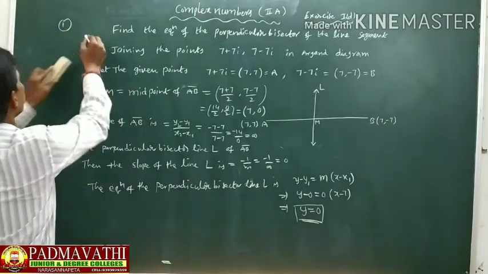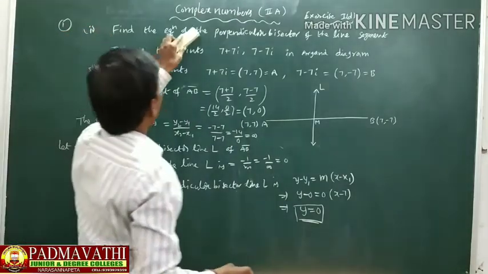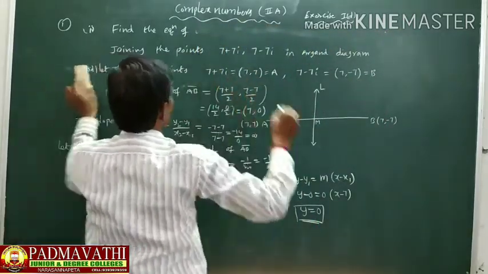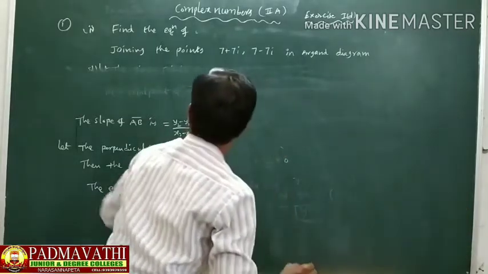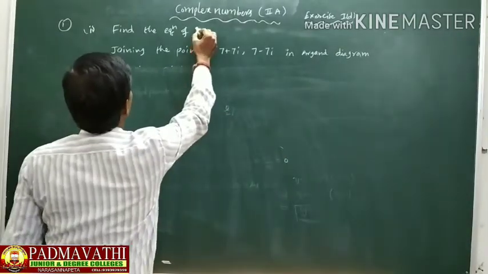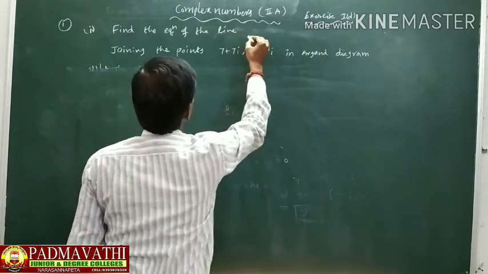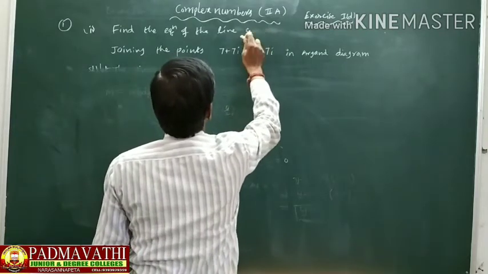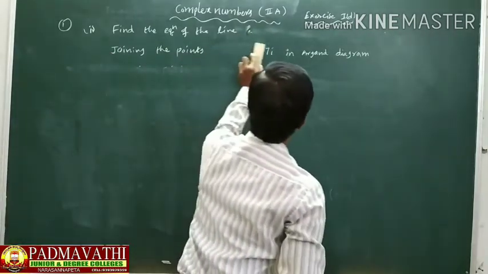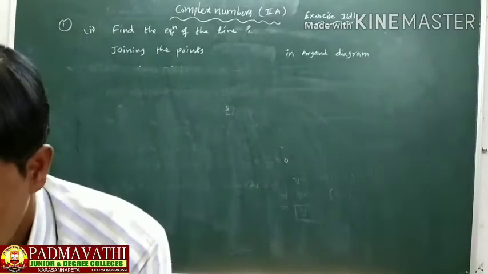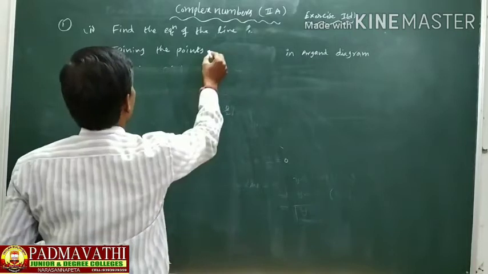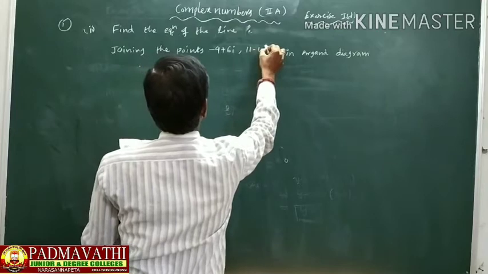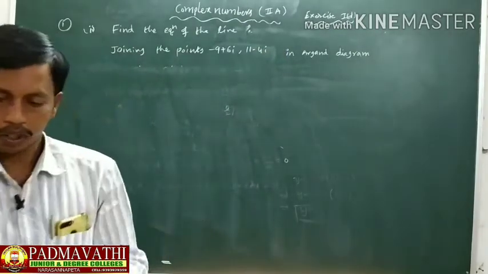Now second problem: find the equation of the line segment joining the points -9 plus 6i, 11 minus 4i in the Argand plane, the equation of the straight line.